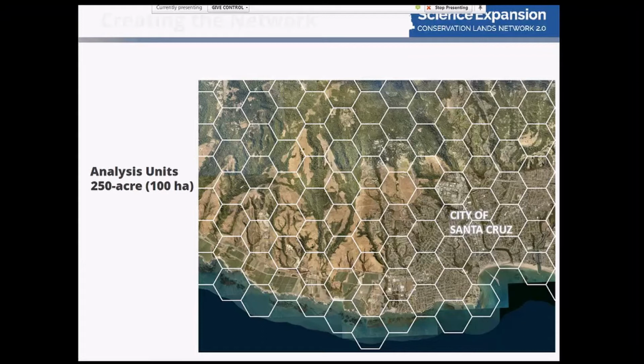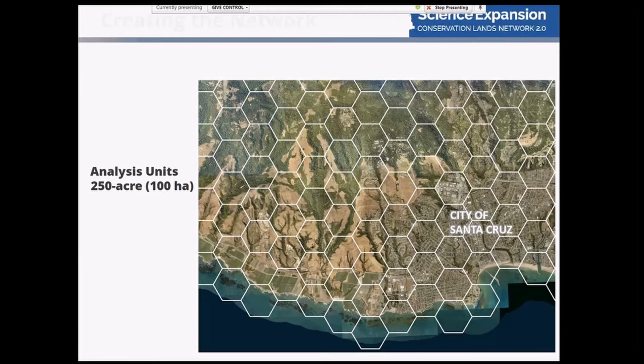So the next piece to all of this modeling is our analysis unit, and we used hexagons. For folks who are familiar with the Areas of Conservation Emphasis program at the Department of Fish and Wildlife, hexagons probably won't look strange to you. It's an excellent summarizing unit, with six sides, and the trick is to pick the size of the hexagon.